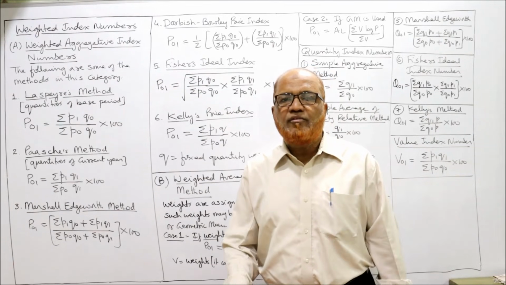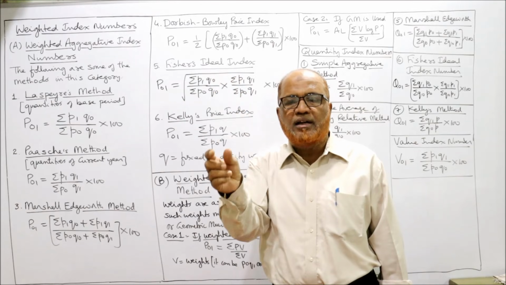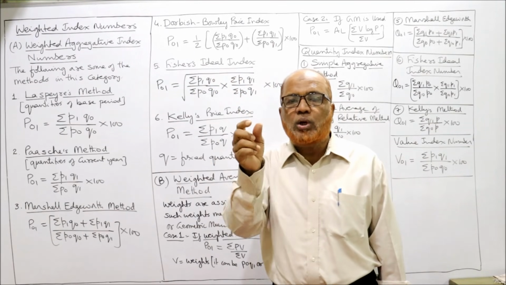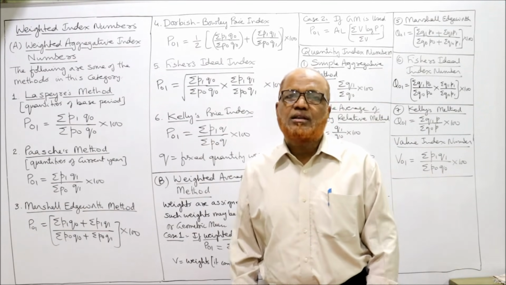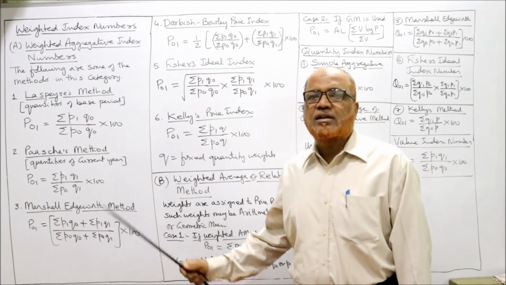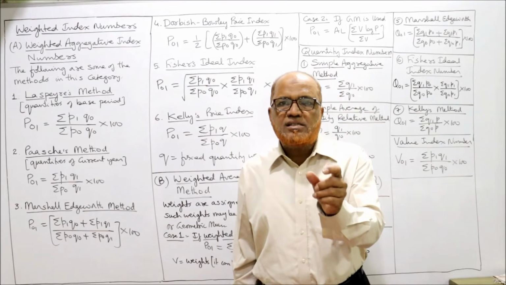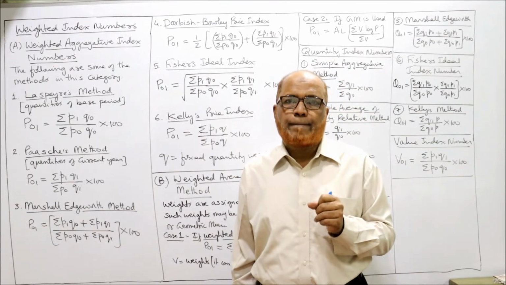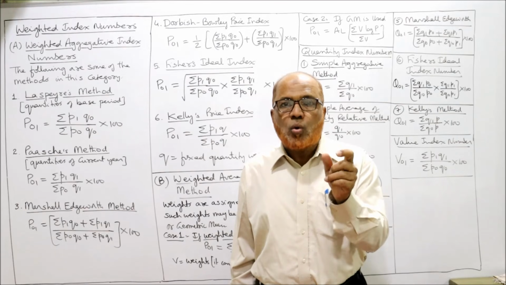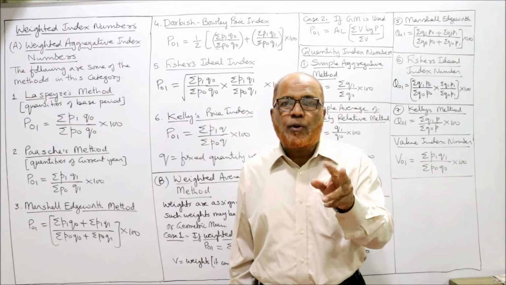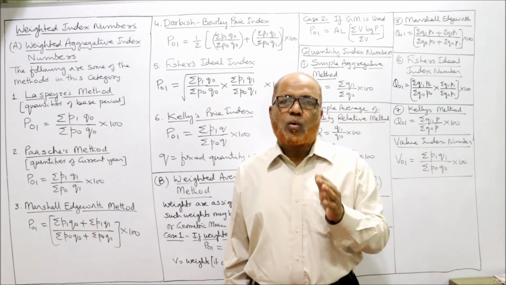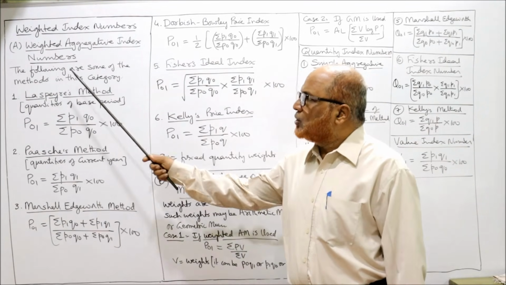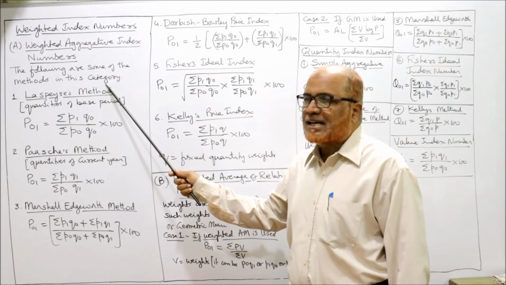In simple aggregative method, we have taken the total of current year prices divided by total of base year prices into 100 without considering the weights. But here we consider the weights. The weights are the quantities. So we take the product of quantity and price. So the following are some of the methods in this category.